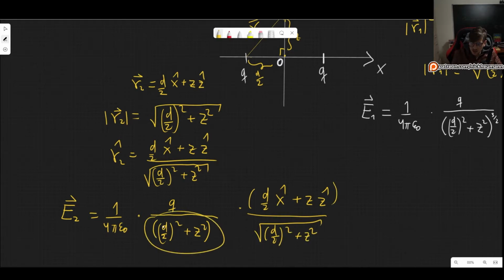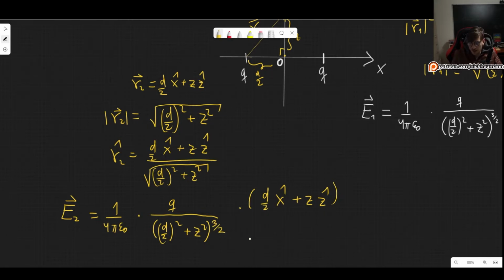And again, we can combine this and this. So this part goes away, and we end up with an exponent of 3/2 there.